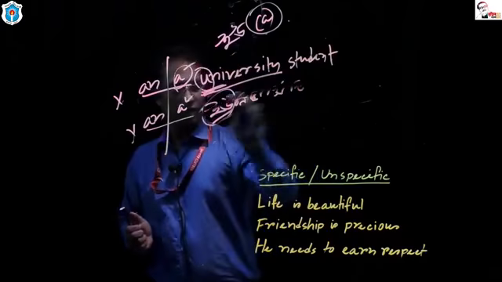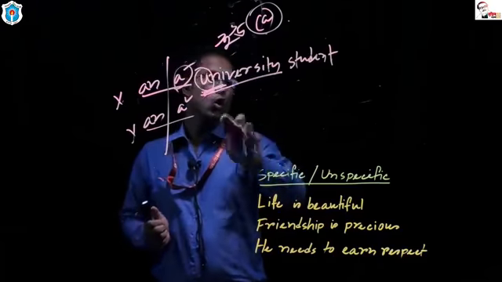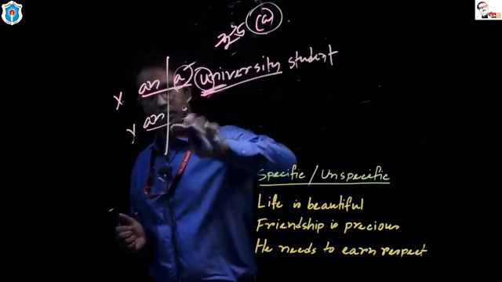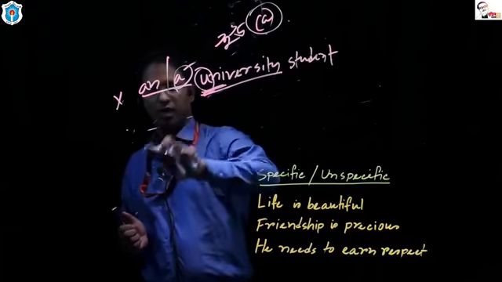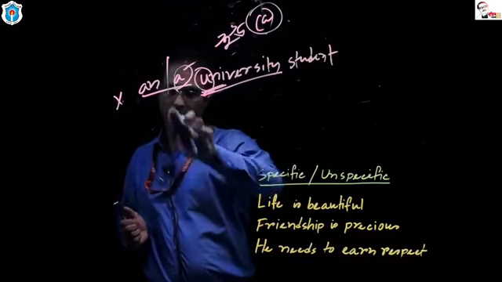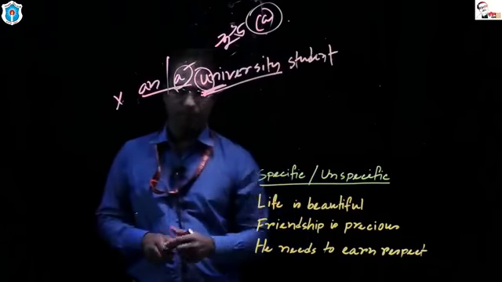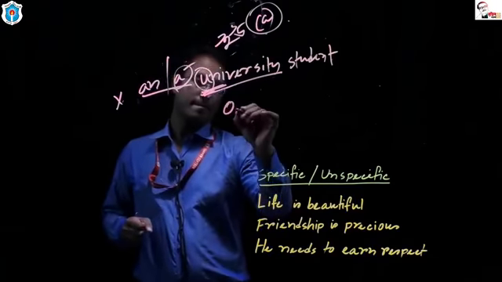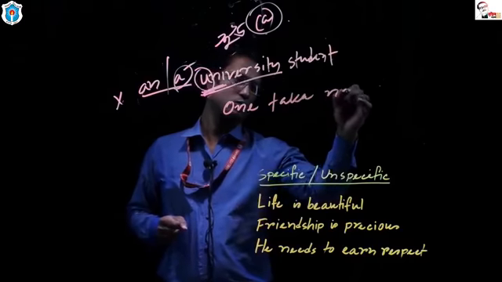That's why we don't use AN before vowel alphabet, but we always use AN before vowel sounds. Suppose one taka note.